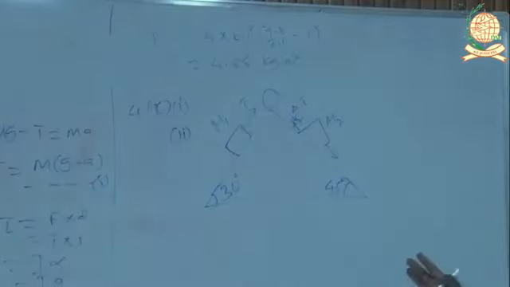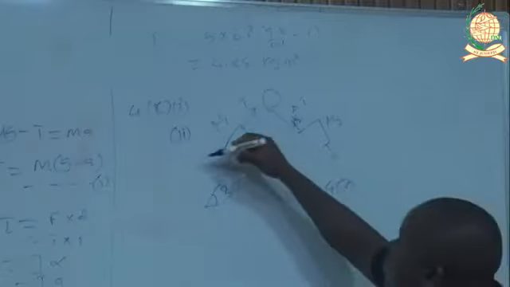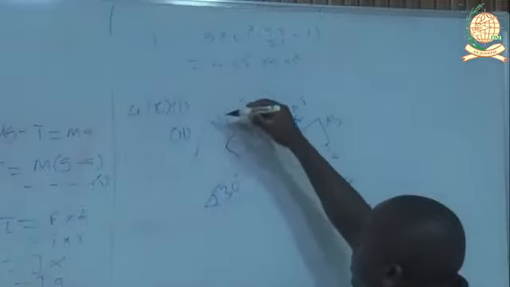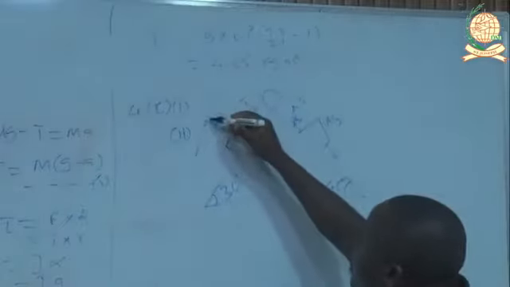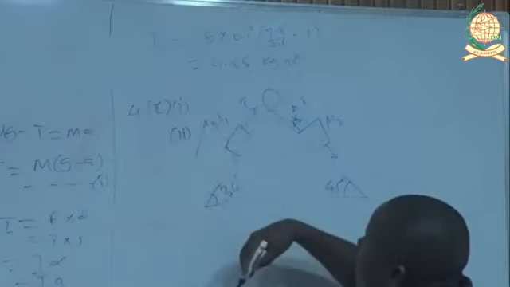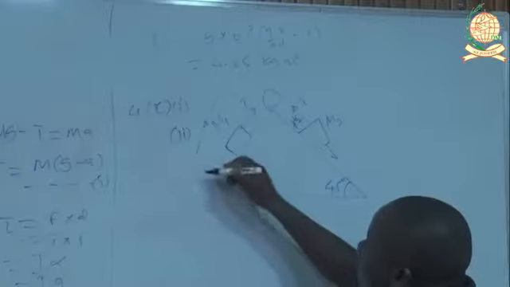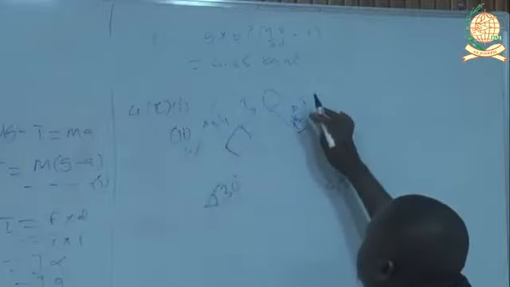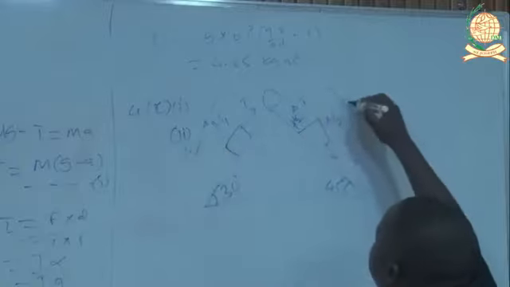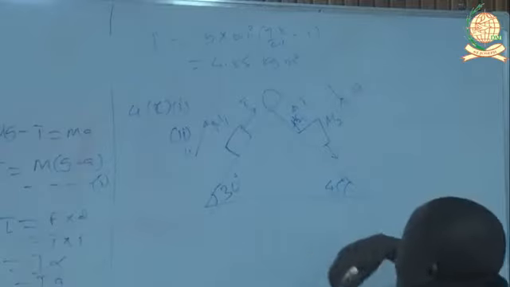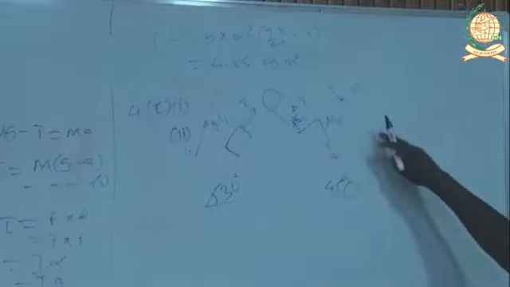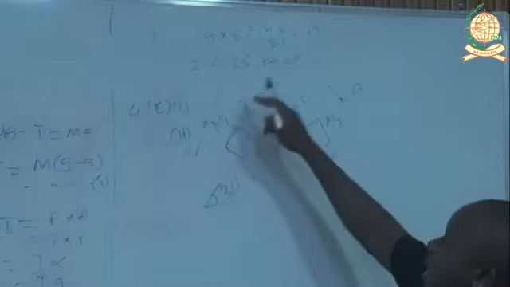But the direction of motion of this system of connected bodies is not indicated, so you can choose your own direction. If M1 is going down with acceleration a, that means this one is going up with acceleration a.